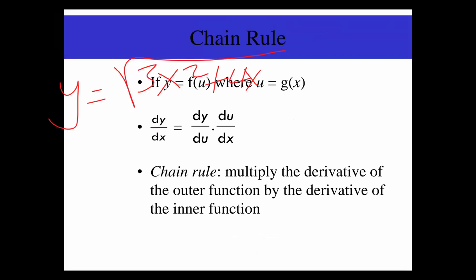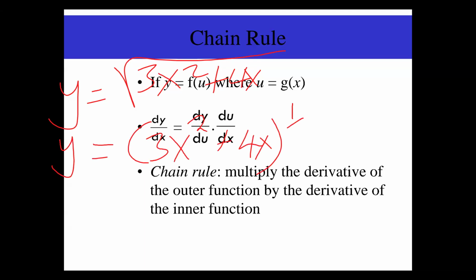And I told you that from here, the easiest way of doing it is to rewrite this function. We shall have y equal to (3x squared plus 4x) raised to the power 1 over 2. Now we have the function.